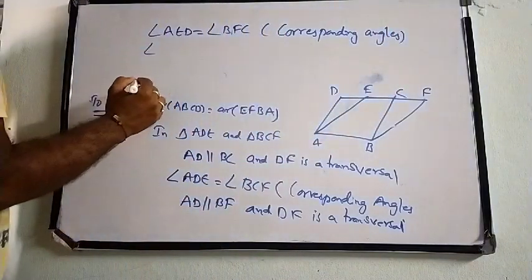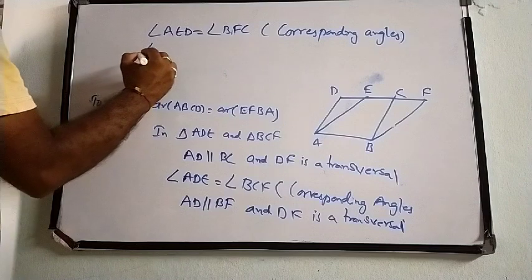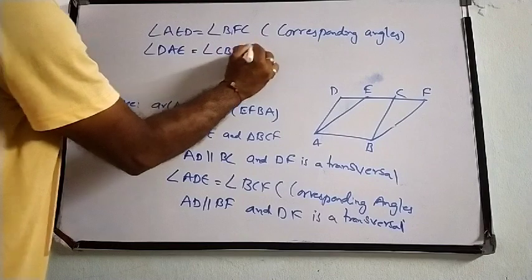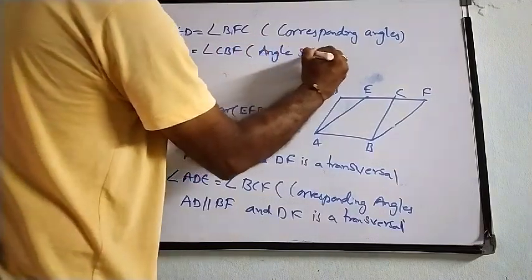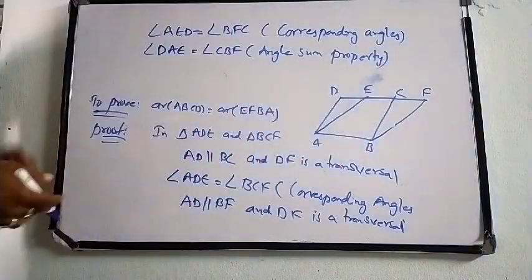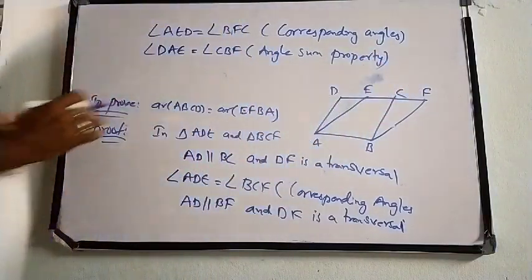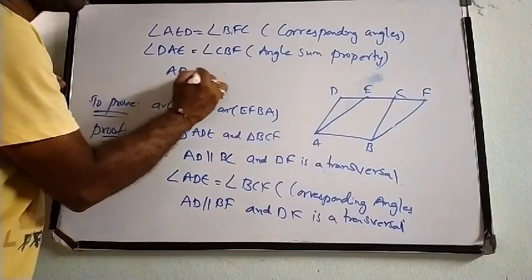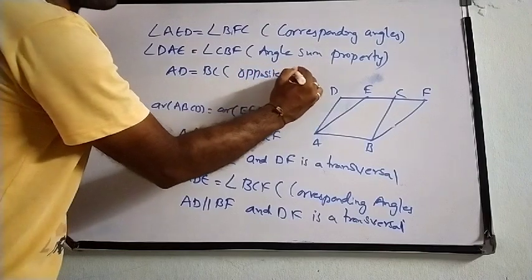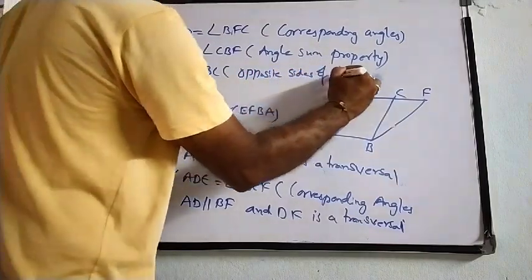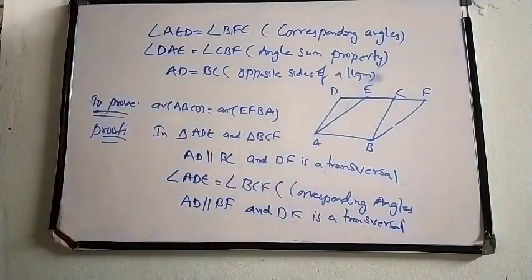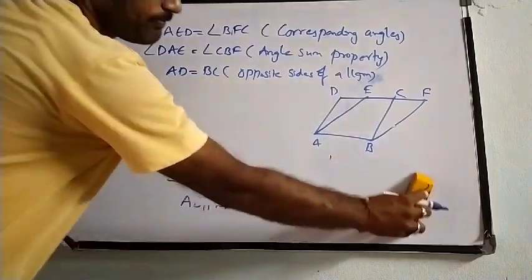The third one, angle DAE is equal to angle CBF. This is the angle sum property. In congruency we don't have any AAA or AA congruency rule, but we know that AD is equal to BC. Why? Because opposite sides of a parallelogram are equal.